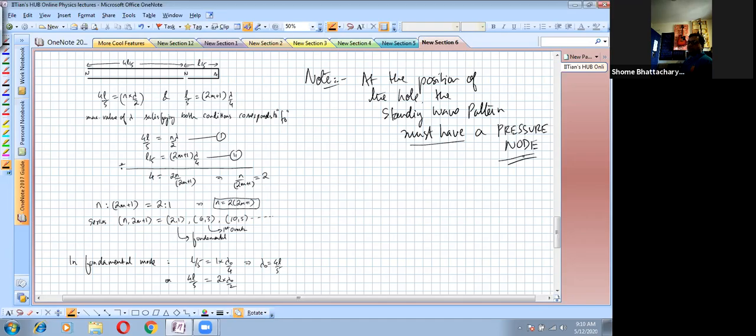It must have a pressure node at that place. Okay, so that's the fundamental concept we are using over here. So hope this is clear.